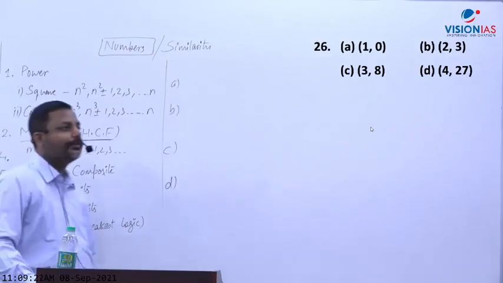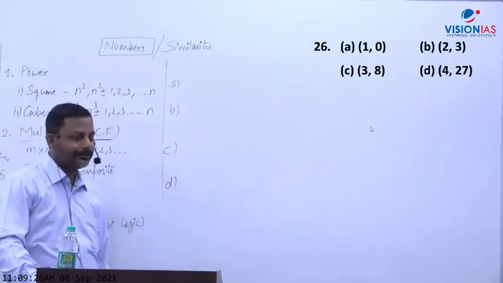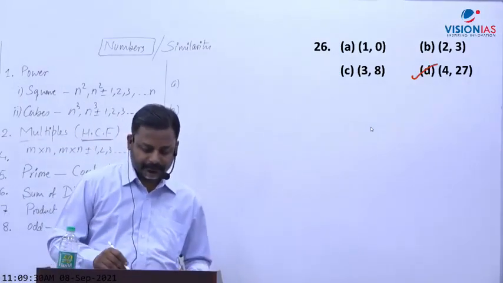Second number is the cube of the previous number. No, no, no. So here the right answer is 4 and 27.